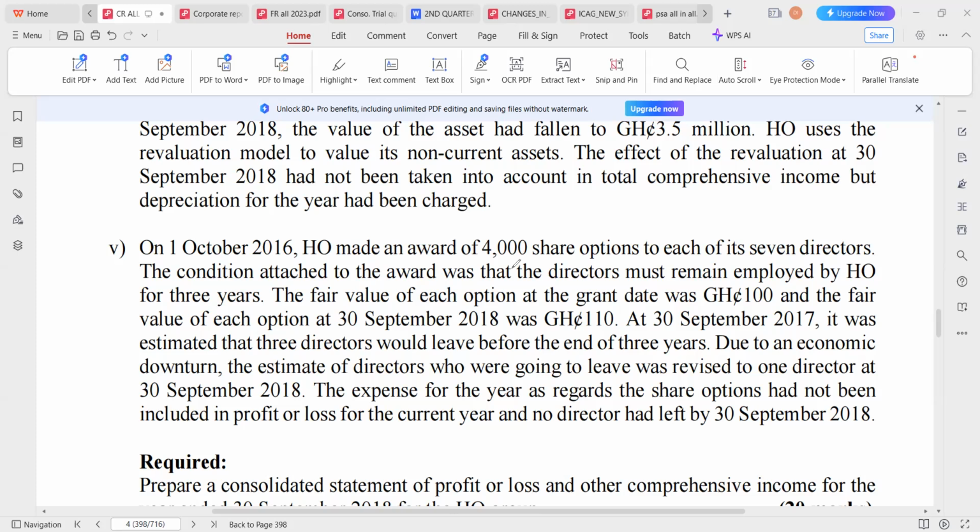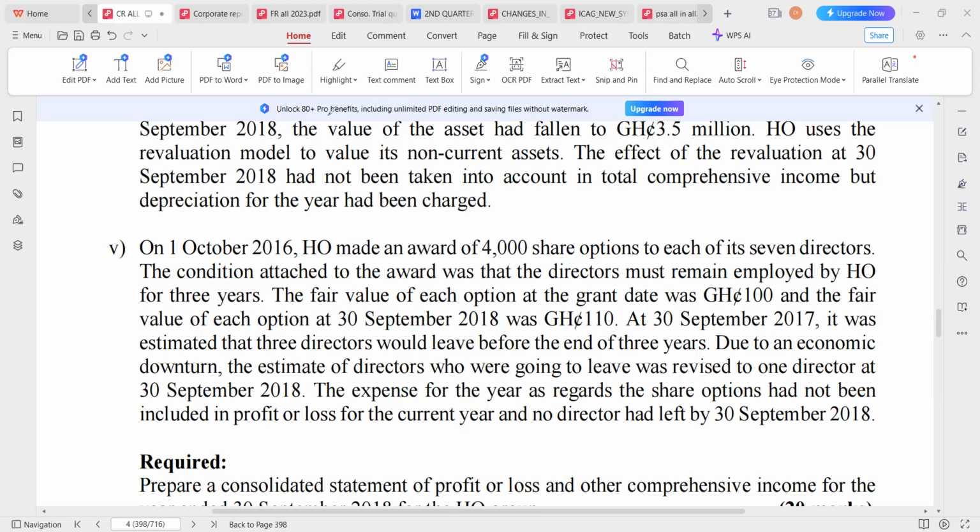At 30th September, it was estimated that 3 directors would leave before the end of the 3 years due to economic downturn. The estimate of directors who were going to leave was revised to 1 director at 30th September 2018. The expense for the year with regard to the share option had not been included.